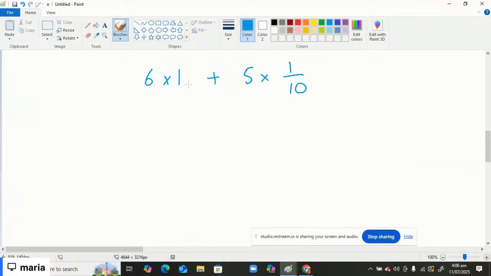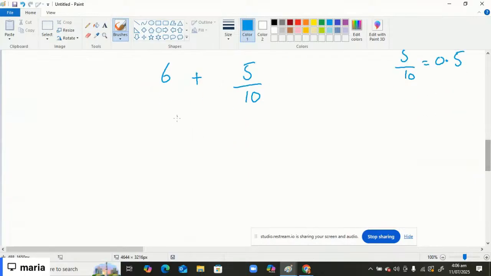First of all we multiply. 6 times 1 is 6, plus 5 by 10. And as we know, 5 by 10 is 0.5. So this is 6 plus 0.5.